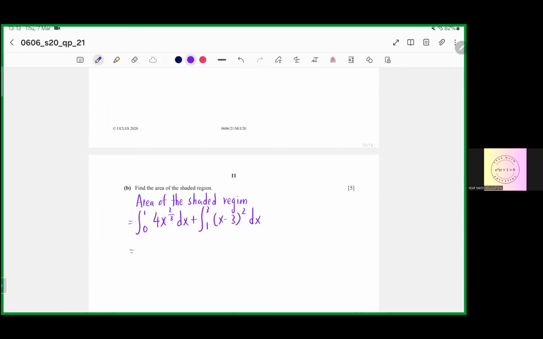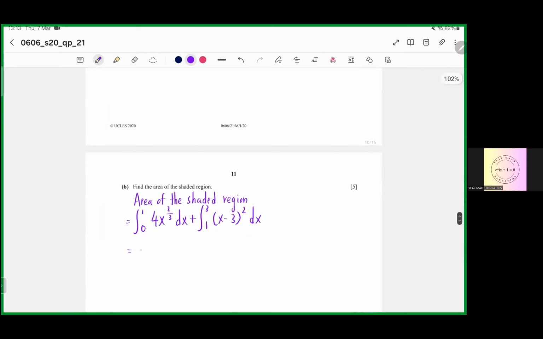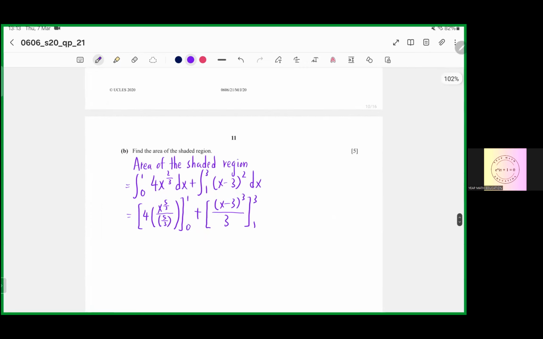Now I start to integrate: 4 bracket x to the power of 5 over 3, divided by 5 over 3. Now we substitute the values. Before substituting, I arrange it.